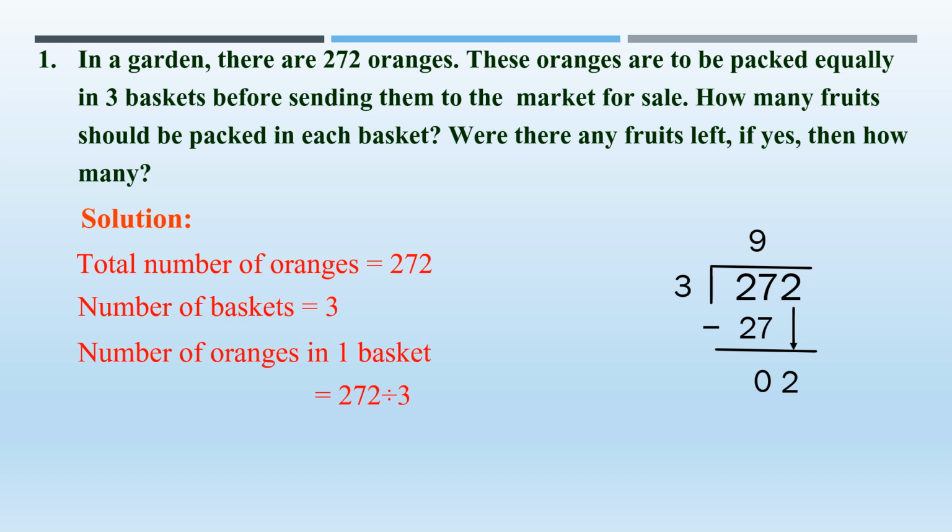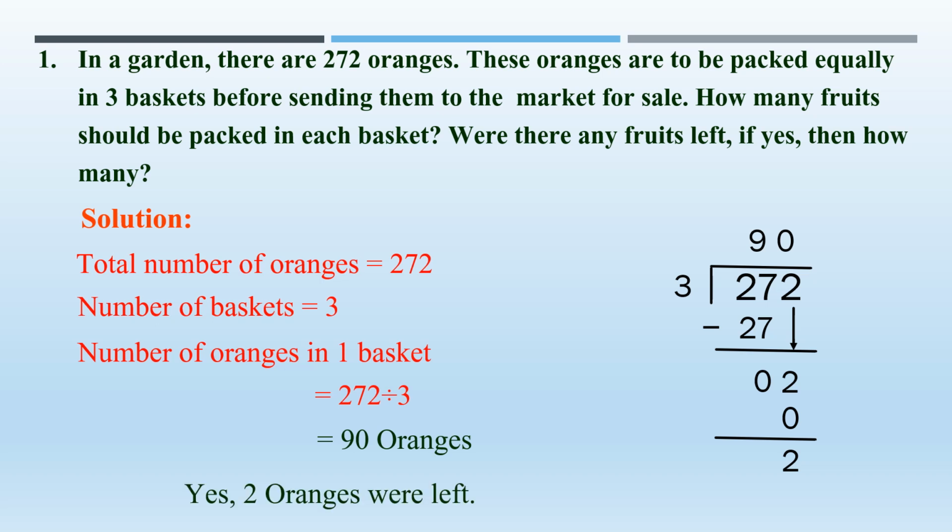So 2 is again less than 3. So we should put 0 in the quotient. Then 0 into 3 is equal to 0. Now we subtract this. 2. Yes. So there are 90 oranges. Is there any fruit left? Yes. How many fruits left? 2. So 2 oranges left.